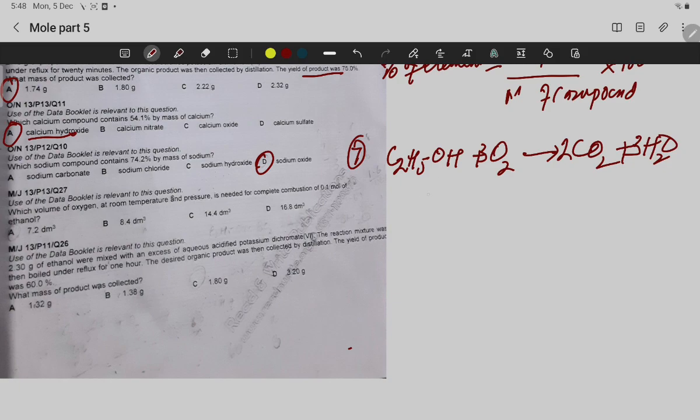So first we know that 1 mole of ethanol requires 3 moles of oxygen, and for 0.1 mole the ratio gives X. So the answer is 0.1 mole of ethanol, and similarly 0.3 mole of oxygen.